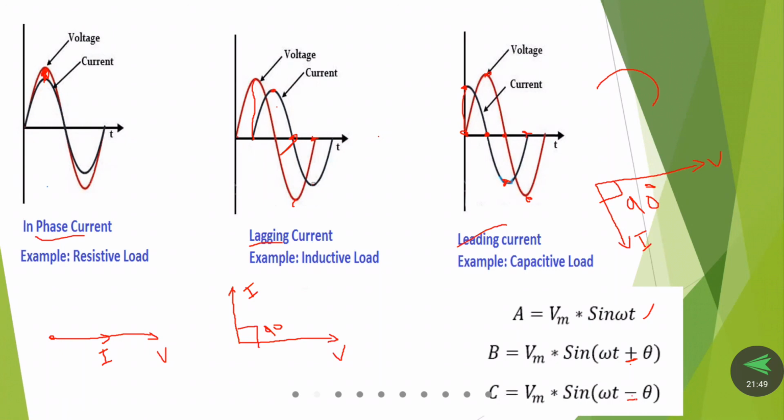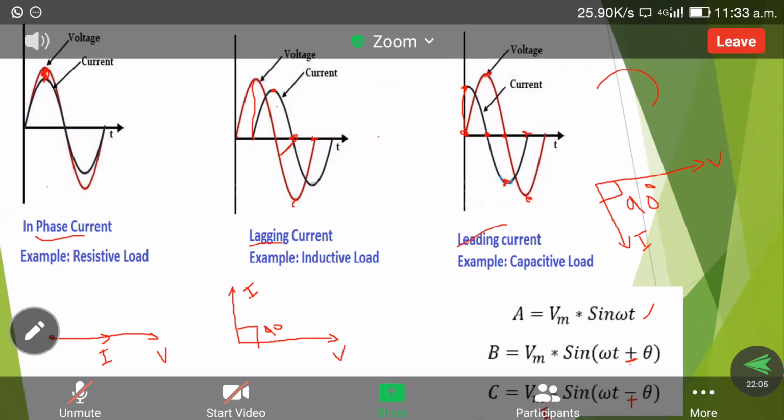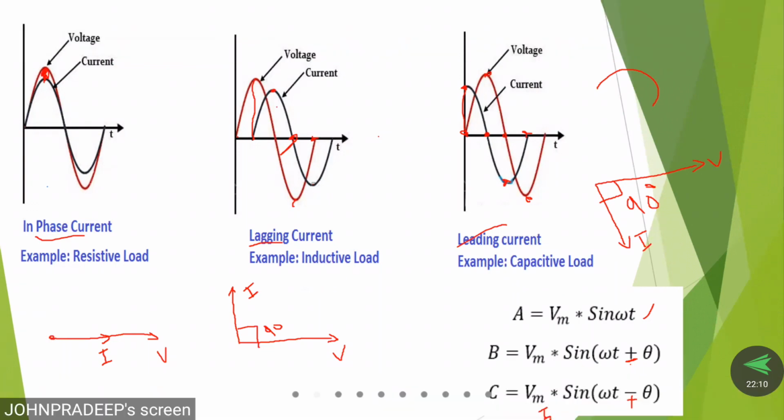Instead of minus we are getting the value as plus here. If you are taking current as a reference, then we are getting the value plus. If you are taking the voltage as a reference, then we are getting the value for the lagging as minus. So these concepts will be important.